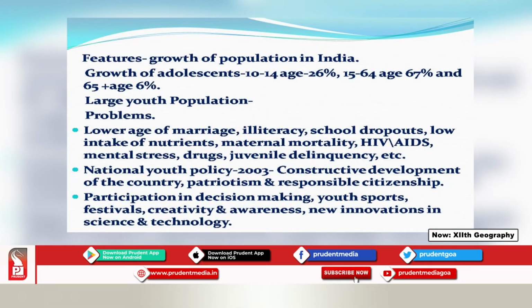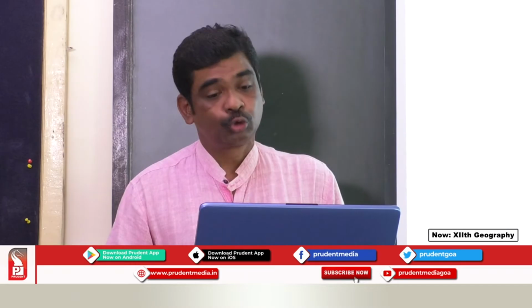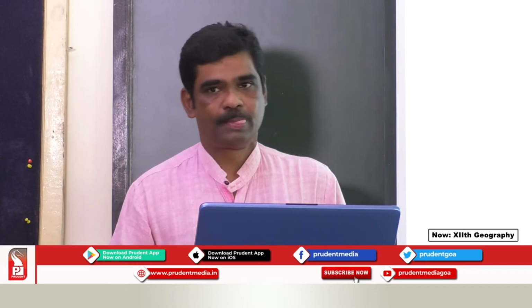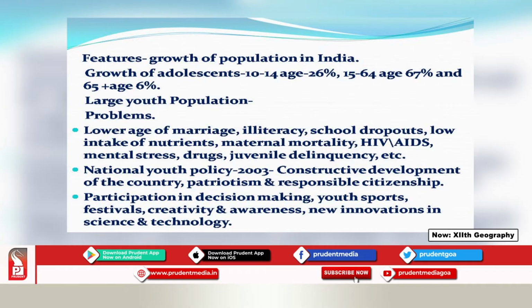Now, the features of population growth in India. Growth of youth population. In our country, we have 26% of population between the age 0 to 14. 15 to 64, 67%. And above age 65 plus, only 6%.